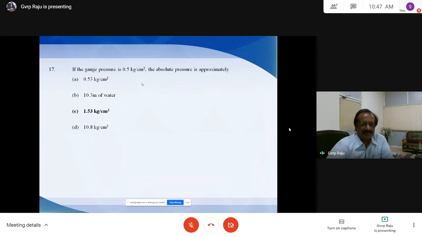The atmospheric pressure is 1.03 kg force per centimeter square and gauge pressure is 0.5. So the answer is 1.53 kg force per square centimeter. The answer is C.